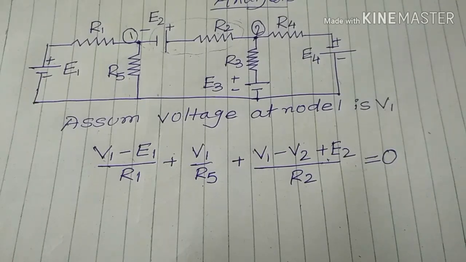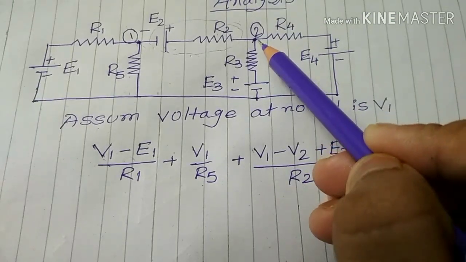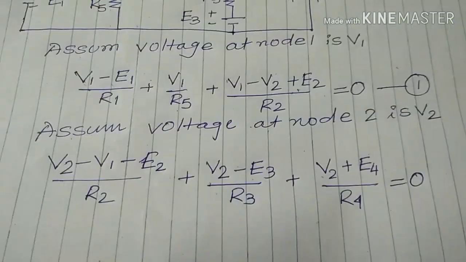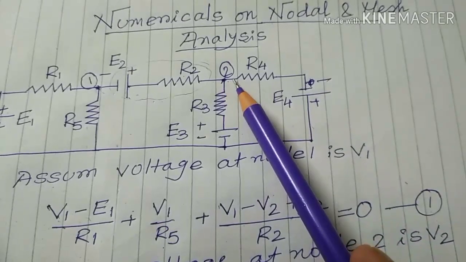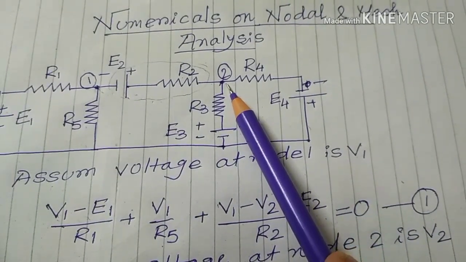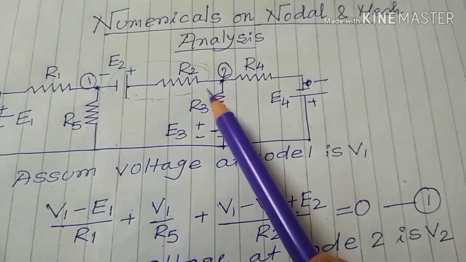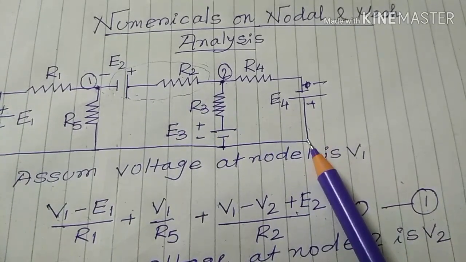And the second equation, at node 2, is this. As we assume that V2 is positive, the current directions are this, this and this.